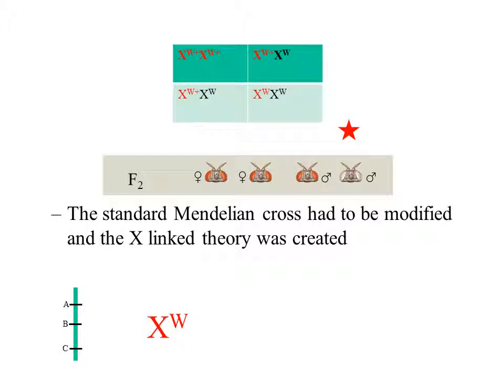The standard Mendelian cross had to be modified for human genetics, for animal genetics. So this created the X-linked theory. Some genes were located on an X chromosome, and the X chromosome helped to determine sex.